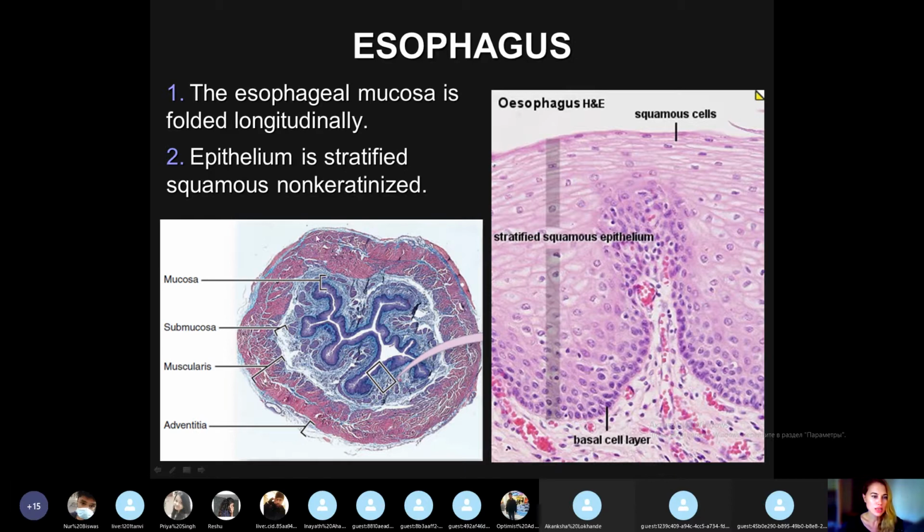So we can see in the cross section of esophagus that the esophageal mucosa contains longitudinal folds. Here we can see them. These folds will extend in response to the chyme passage.